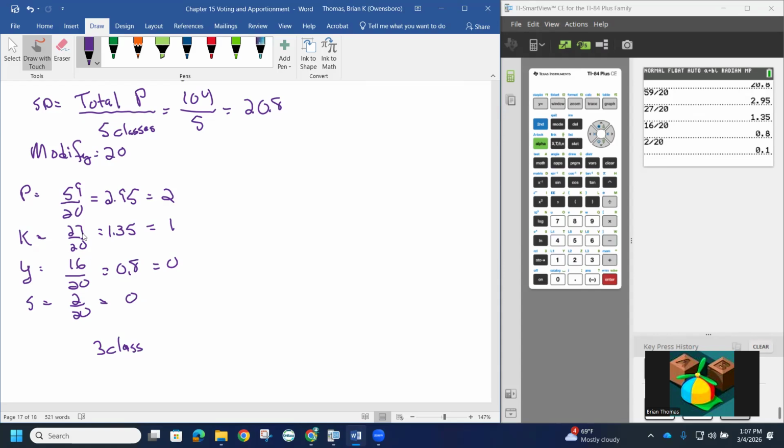So I'm thinking my modified divisor may need to be dropped down close to 14 or so, because I need to get this up to a two. Really, I'm thinking maybe a 13 actually. I don't want to modify it too much, so I'm going to modify it to a 13 and see if I overcooked it.